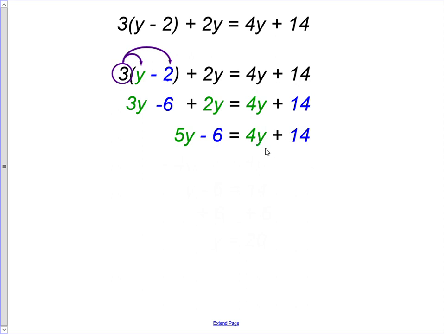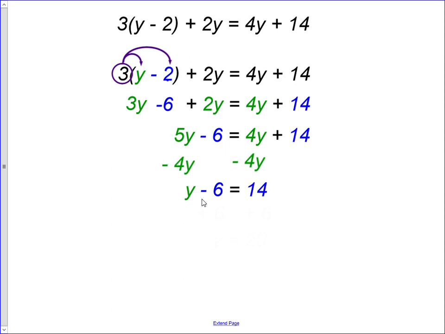So let's go ahead and get the variable terms on the same side. I like to keep my variable terms positive, so I'm going to subtract this 4y from both sides. When I do that, it's going to cancel out on this side. Over here, I have 5y minus 4y, which is simply y. So we have y minus 6 is equal to 14.